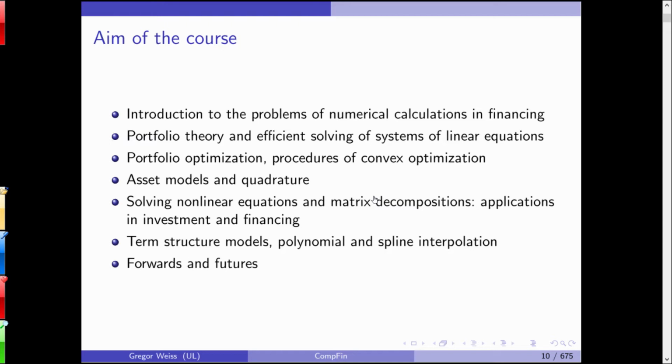Same with option pricing. We'll talk a little bit about Monte Carlo simulation, and then we'll apply it to option pricing. And last but not least, the term structure models cannot be done without polynomial and spline interpolation. So we'll need the mathematical background from numerical analysis to do this properly.